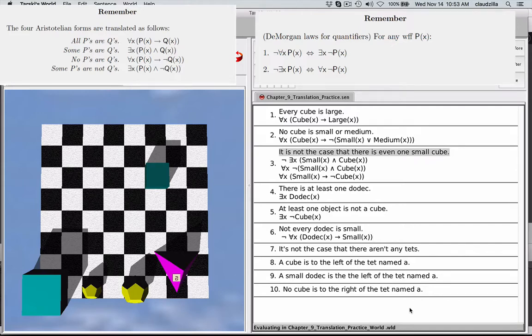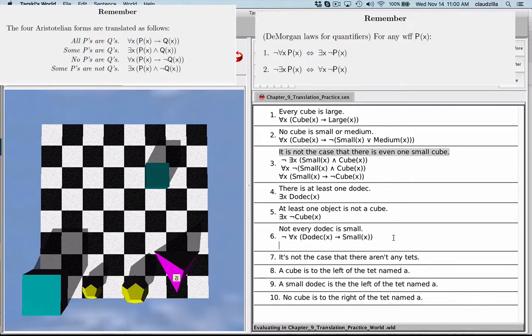Now, let's talk about the equivalence between the universal and the existential. So the negation is pushed through and the universal becomes an existential. Now, for right now, we leave everything else the same, right? Why?